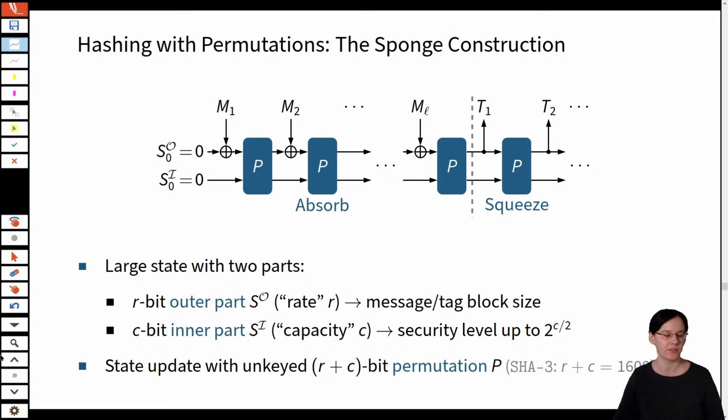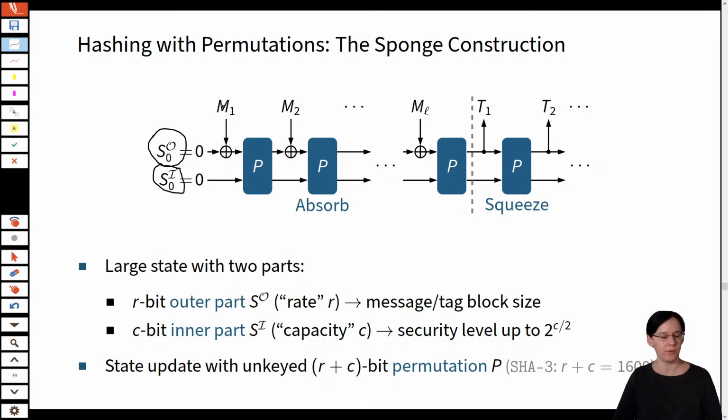It works again by splitting the message into blocks, but instead of putting them into a compression function, the message is XORed to a part of the chaining value. So in contrast to the previous case, we now have a very, very large chaining value that has two sections, the so-called outer part here, which interacts with the inputs and outputs, and the inner part, which remains unchanged between the steps.